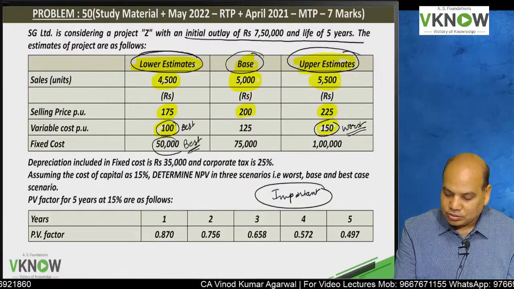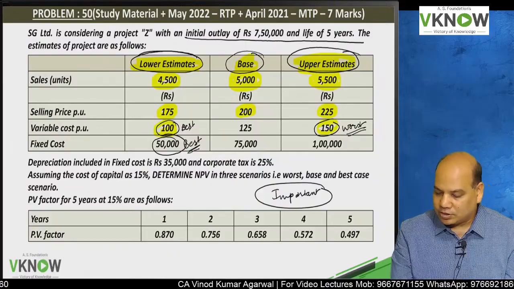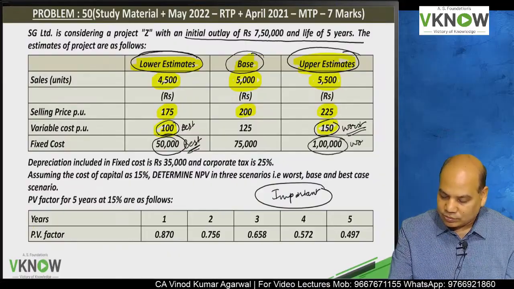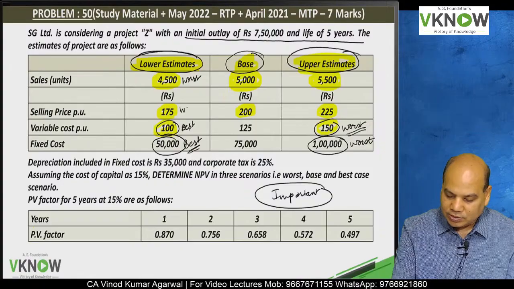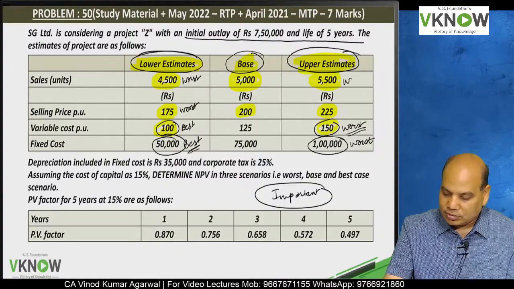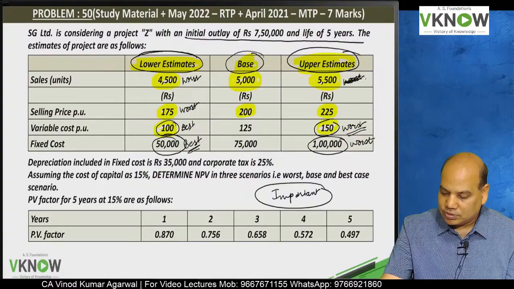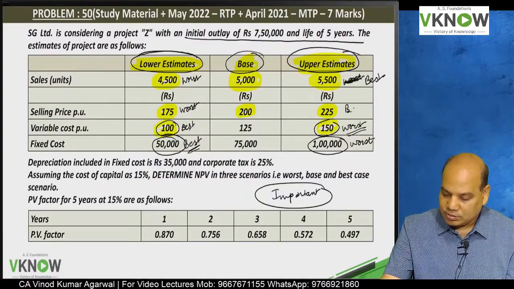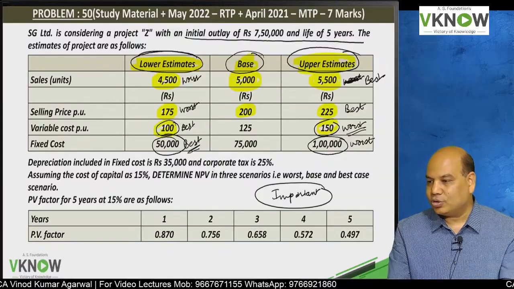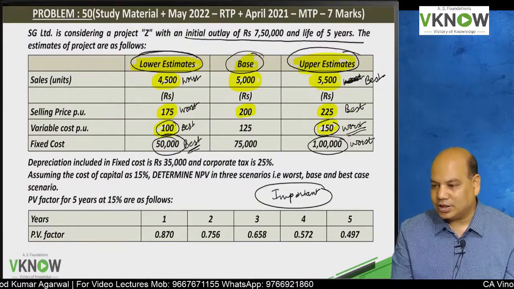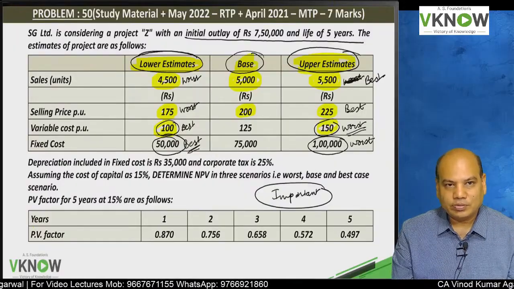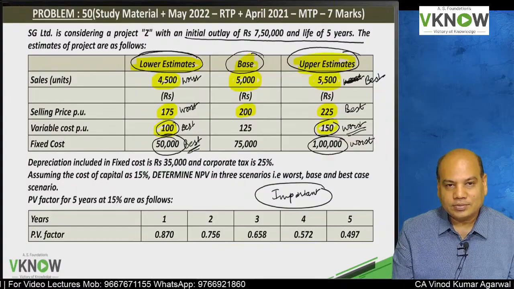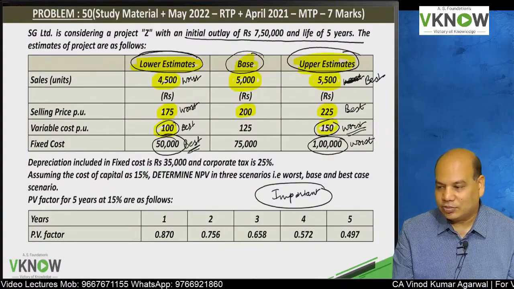In best scenario, fixed cost will be 50,000. In worst scenario, it will be 1 lakh, whereas in case of sales and selling price, sorry, this is best and this is best. So don't go by the column, go by the understanding. In case of revenue items, higher is better, lower is worse. In case of cost item, lower is better, higher is worse.